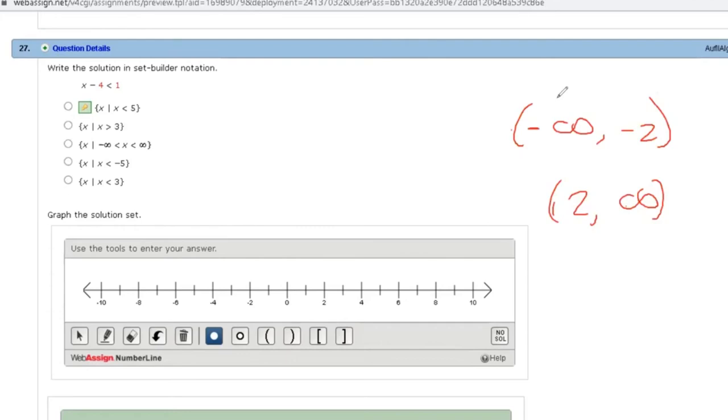It says write the solution in set builder notation. So we know that set builder notation looks like this. We write sets using these kind of brackets. So let's look at x minus 4 less than 1.